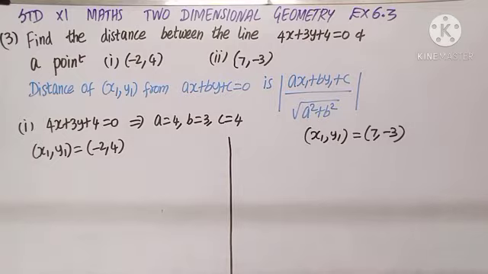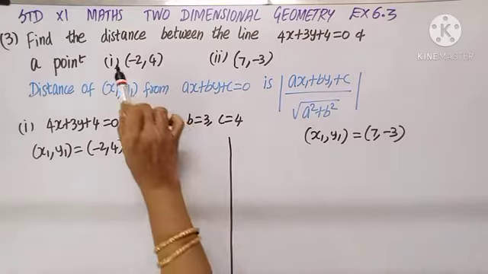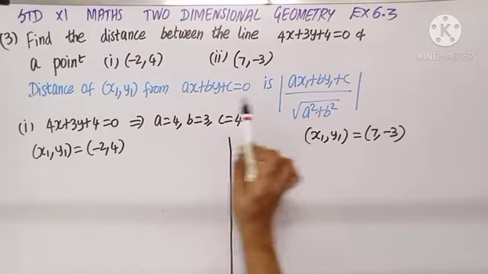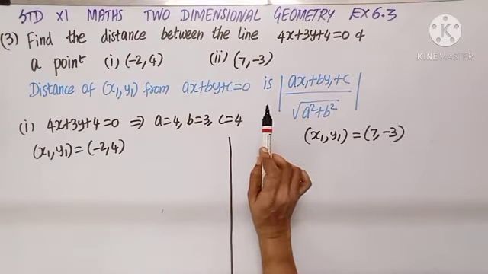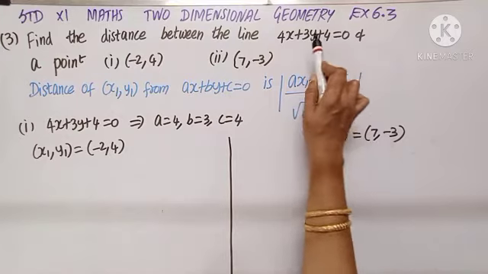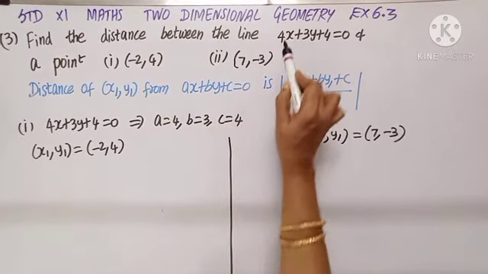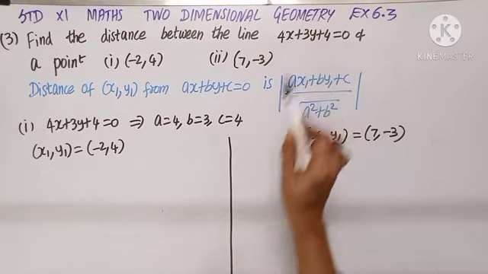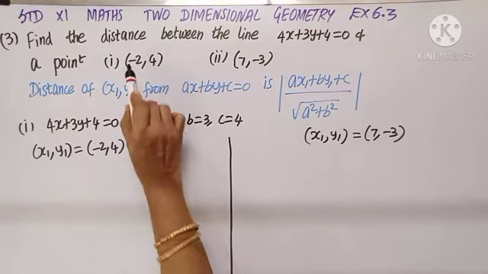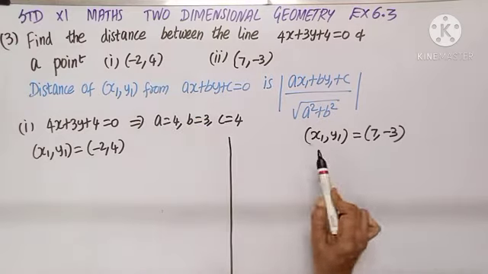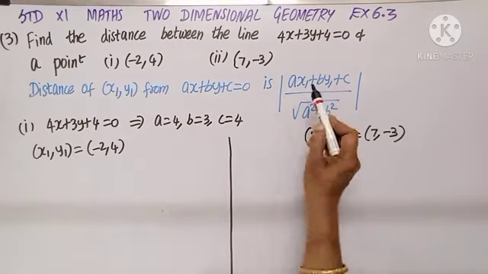Question number 3. Find the distance between the line and a point. There are two subdivisions. Both are one and the same pattern. Given the line, compare it with ax plus by plus c equal to 0. a is 4, b is 3, c is 4. The point given let us consider as x1, y1. Remember the formula.